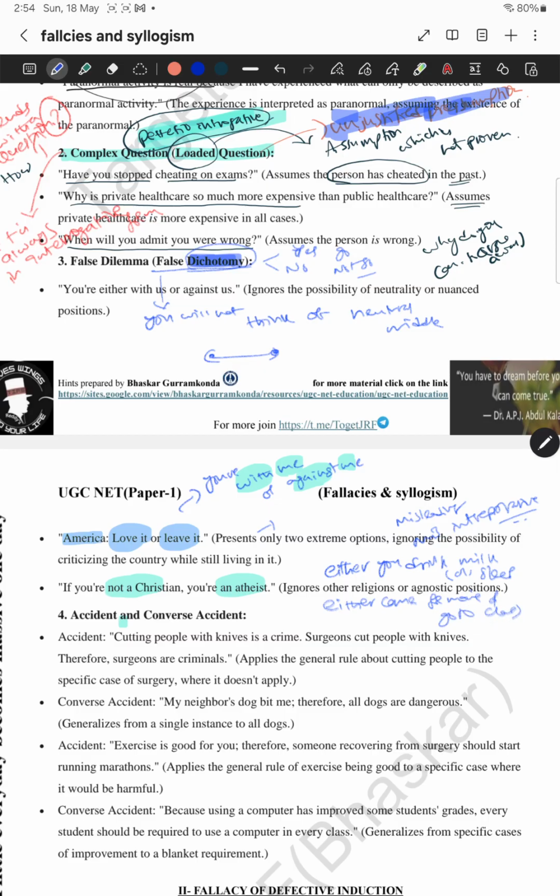There can be in-between things also. He can be in the library, he can be anywhere else, but here they are giving only two options.